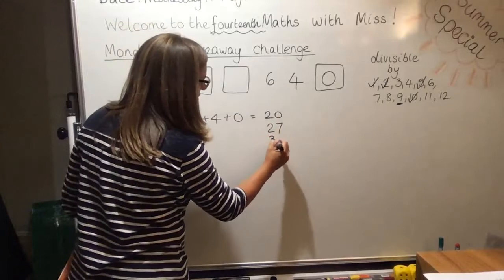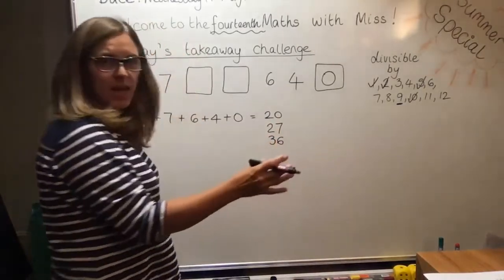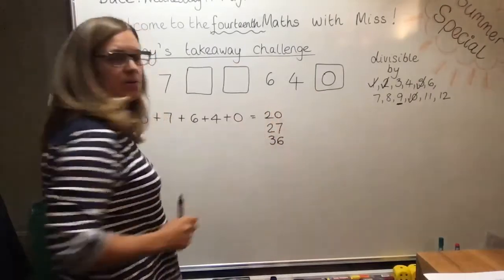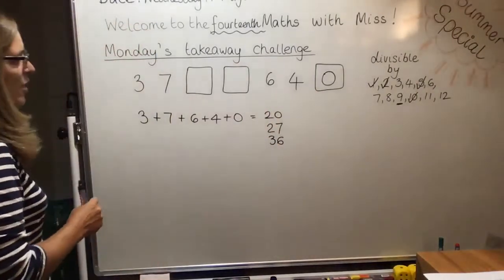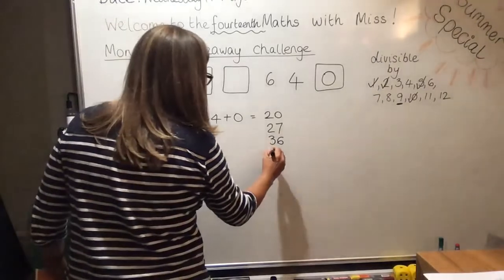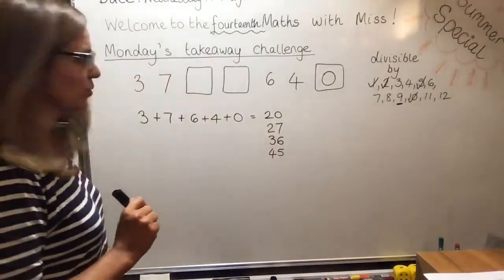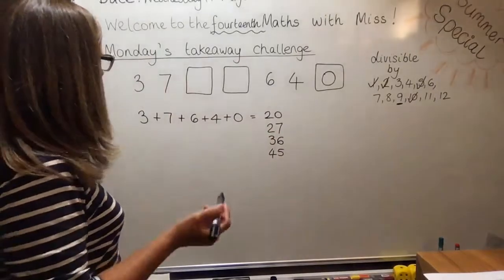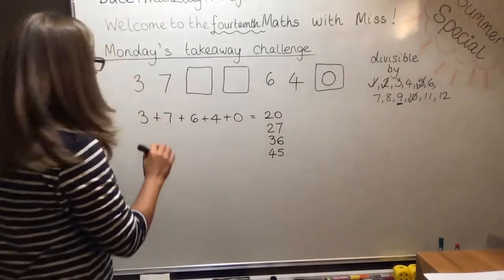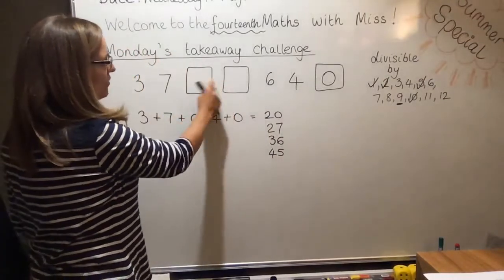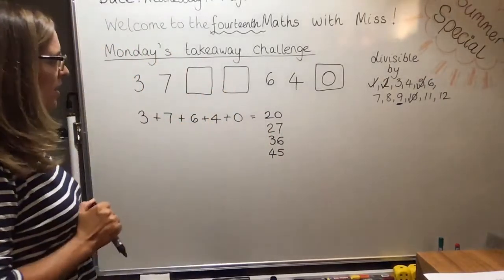Or it could be 36. Rose is saying 18. 2 times 9 is 18, but we've already got 20, so it can't be that. And then maybe it could be 5 lots of 9, which is 45. Well, maybe it can't be that, because we've only got 2 more numbers here. The biggest 2 numbers we could have would be 9 and 9.